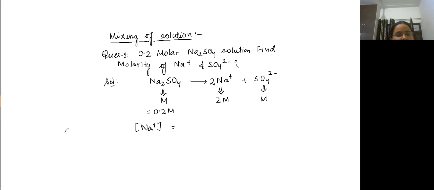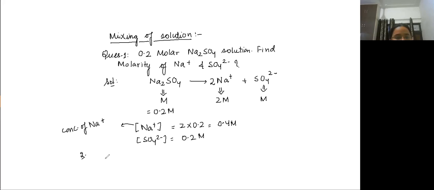This means nothing but concentration of Na plus, that is molarity. So it will be equal to 2 into 0.2, that is 0.4 molar. And SO4 2 minus is 0.2 molar.